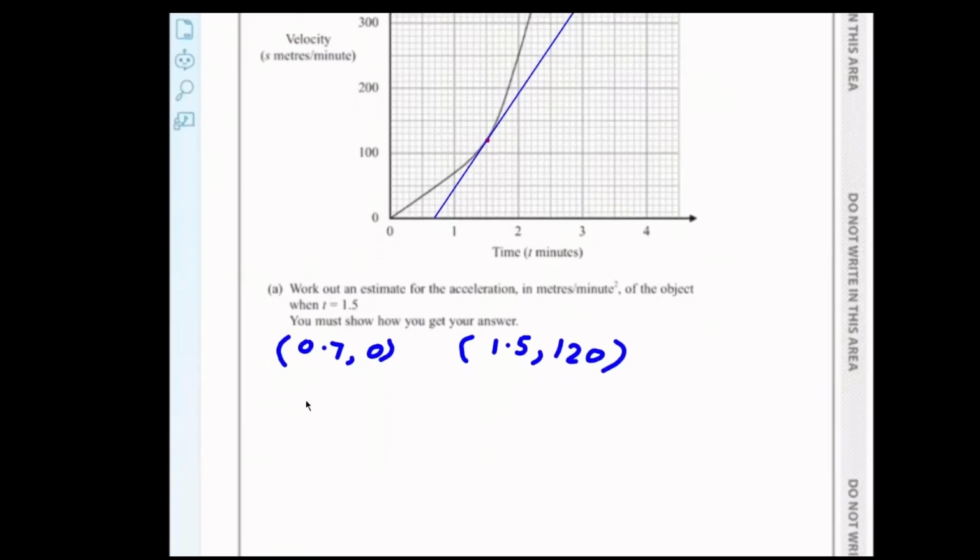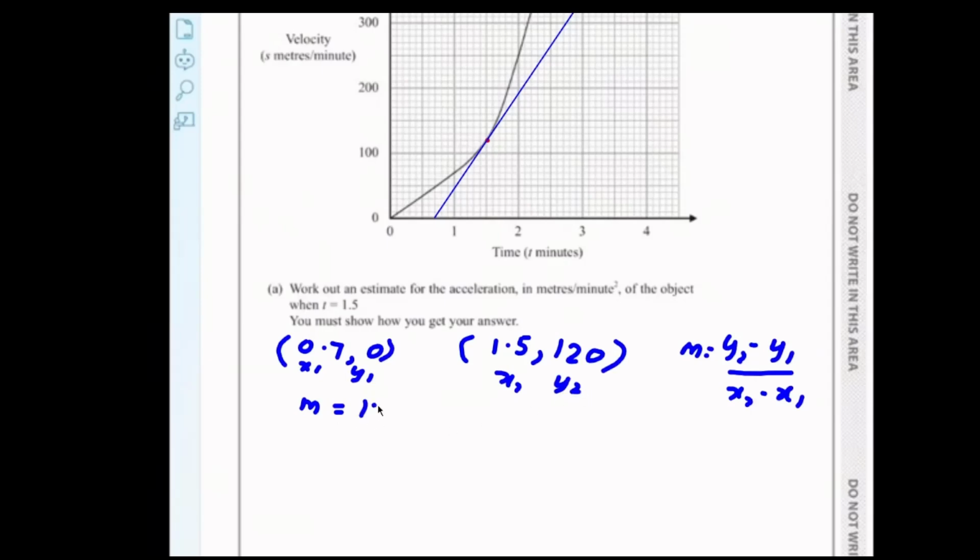M equals y difference over x difference. M equals y2 minus y1 over x2 minus x1. This is x1, y1. This is x2, y2.